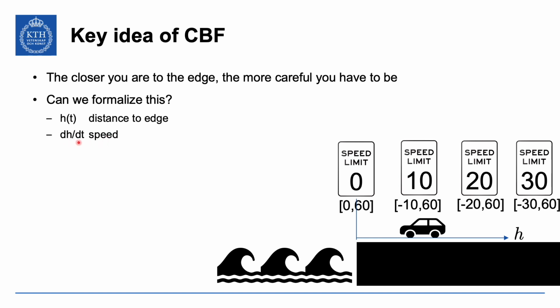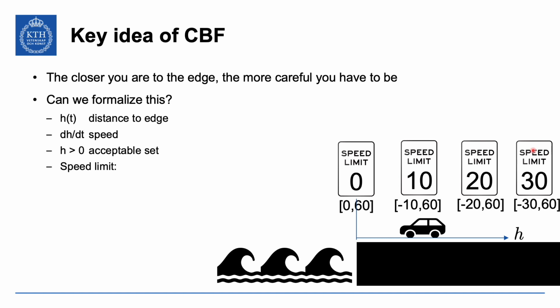If we differentiate h with respect to time, dh/dt, we have the speed. So again, positive going right and negative going left. h larger than 0 is the acceptable or safe set. That's when you're here. If it's smaller than 0, you're basically here, which is a bad thing in most circumstances, at least if you're sitting in a car.